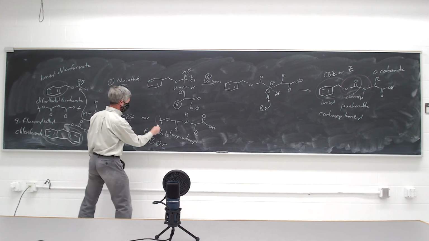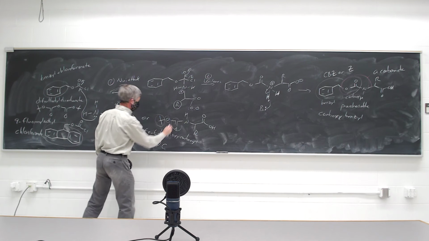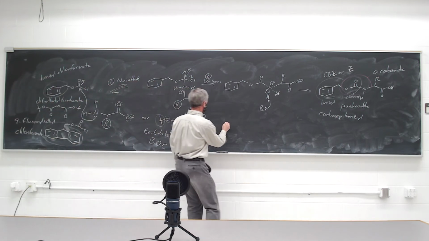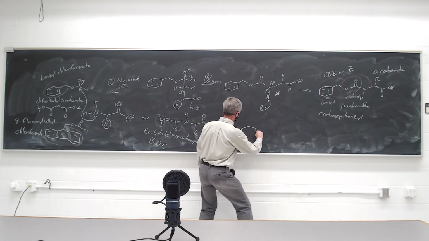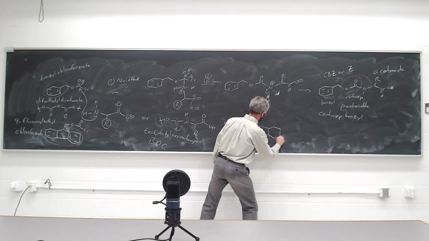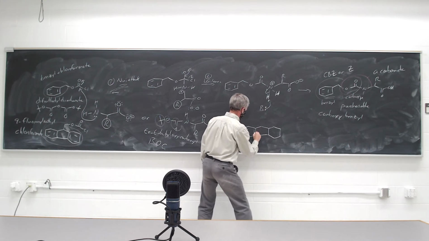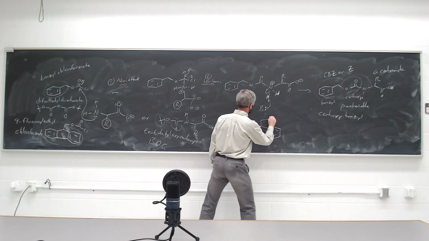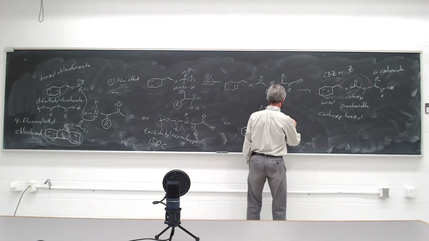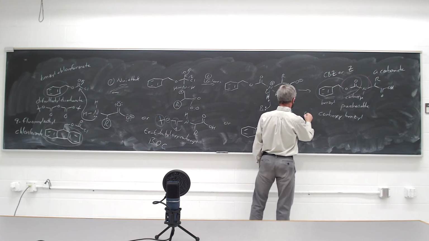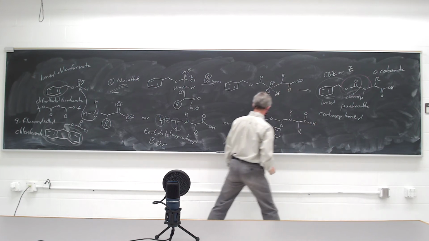There's the t-butyl part, there's the oxy, and there's the carbonyl. So t-butyloxycarbonyl is BOC, or a 9-fluorenylmethyloxycarbonyl, which is also known as FMOC.